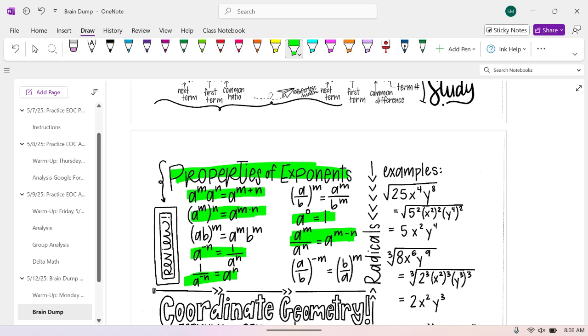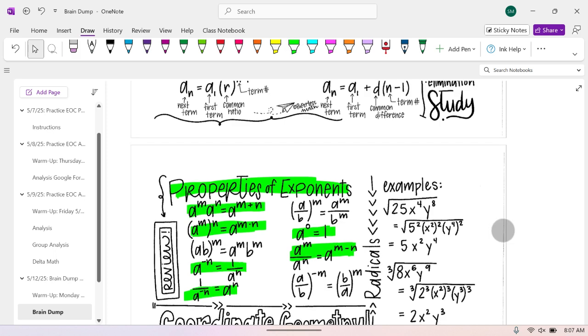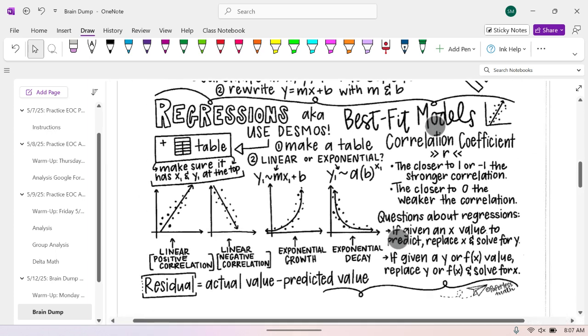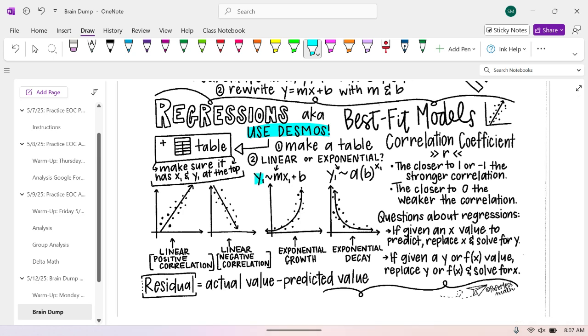All right, let's go with Addie. What do you think? Anything regressions. All right. So if we're in regressions, again, you can use Desmos or your TI, it doesn't matter. Biggest thing that you want is this and this.